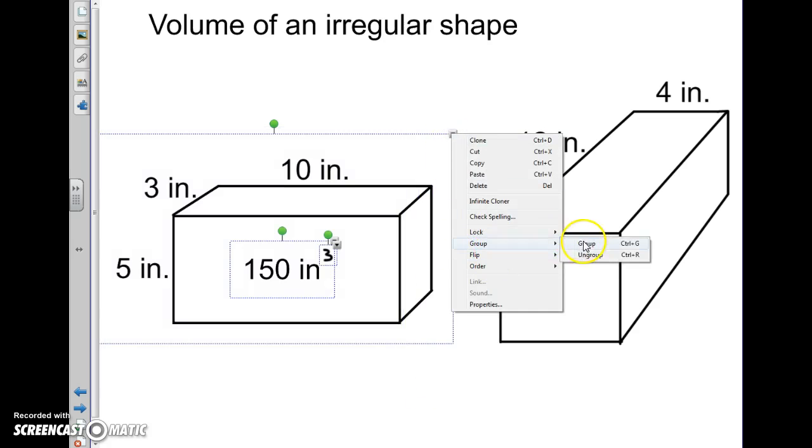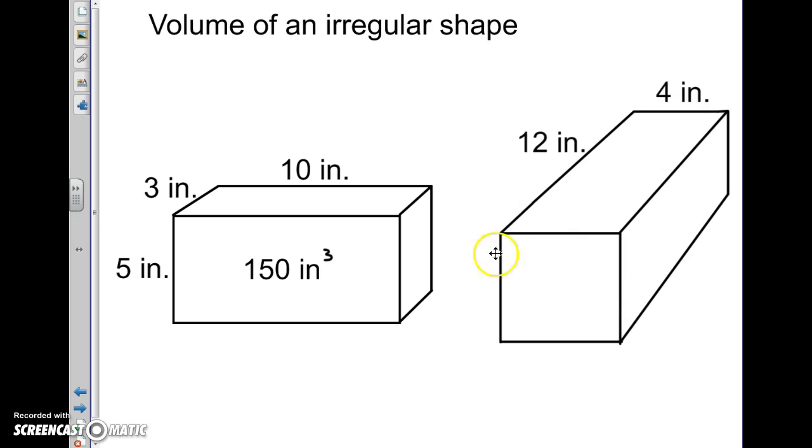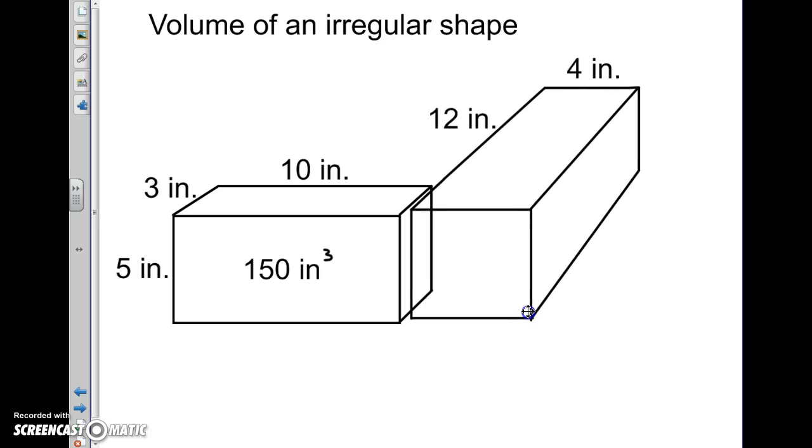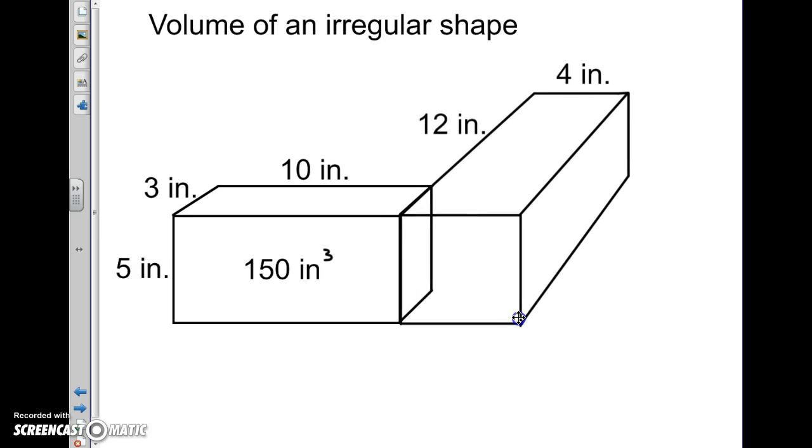Put those together here. And now we need to find out the volume of this rectangular prism. So we can see that it has a length of 12 here, it tells us, and a width of 4, but it doesn't say the height. Now, remember that when this was together here, you can see that all of these sides match up, right? All the edges.